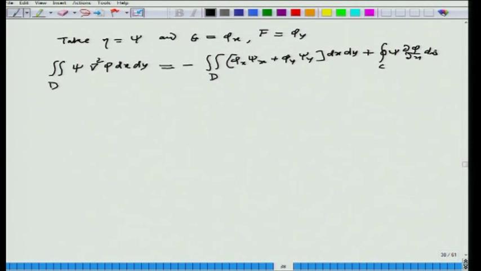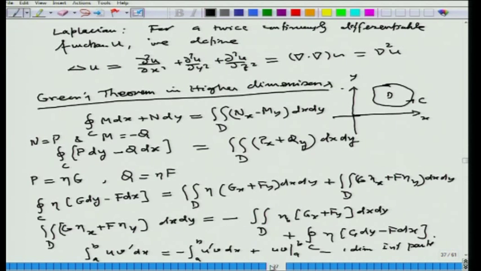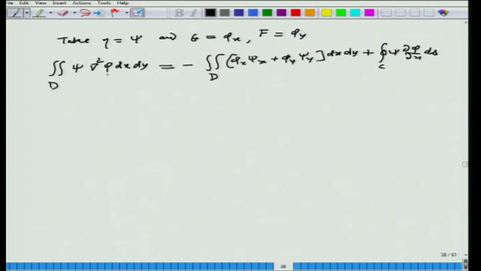Here this s is the arc length. So, here we see that if we put eta equal to psi, g equal to phi x and f equal to phi y, we get g x giving phi x x and f y giving phi y y. So, that is the two dimensional Laplacian here. So, eta equal to psi and you get the Laplacian there.